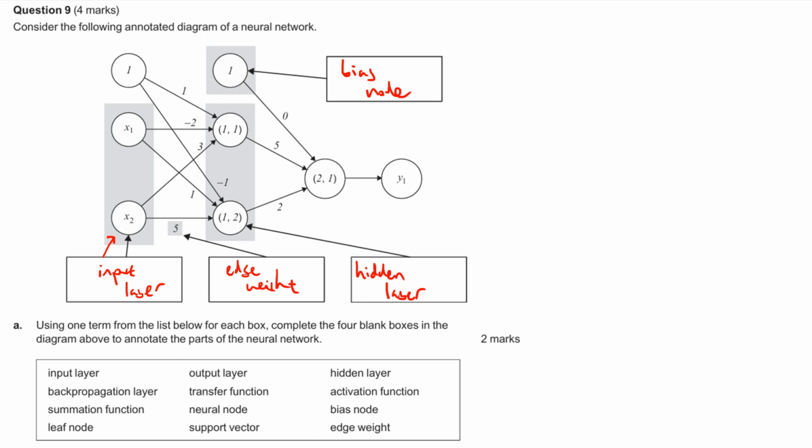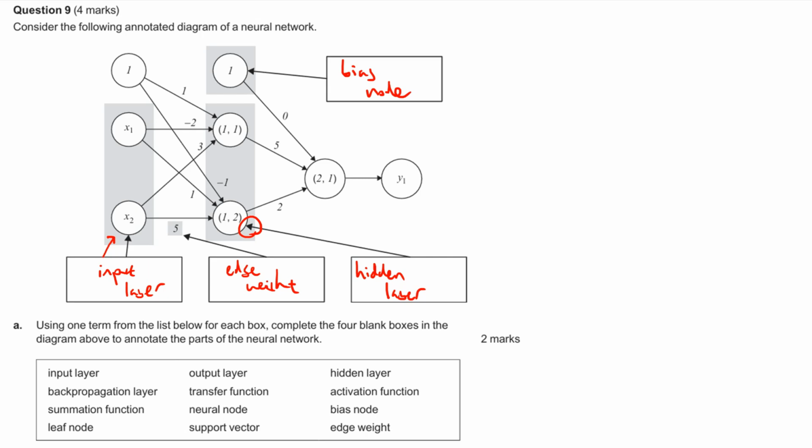That just adds a weighting of 1, like a bias of 1, to whatever activation is happening for the node it's leading to. Again, there might be different possibilities for this. If you thought this arrow was pointing to the node, and you said that's a neural node, well, fair enough, because in fact they're all neural nodes.